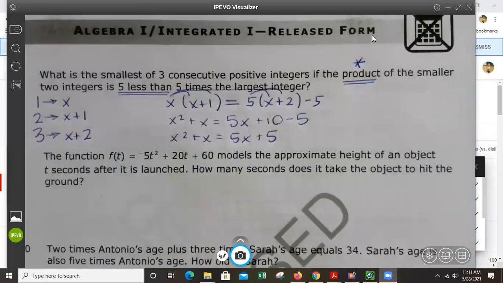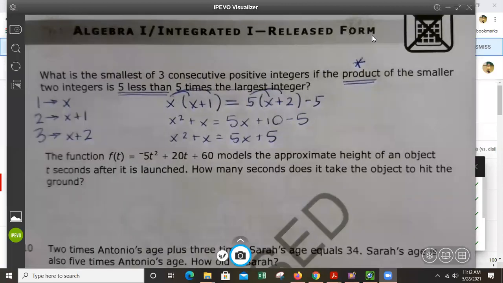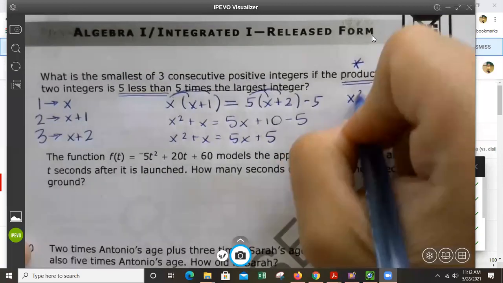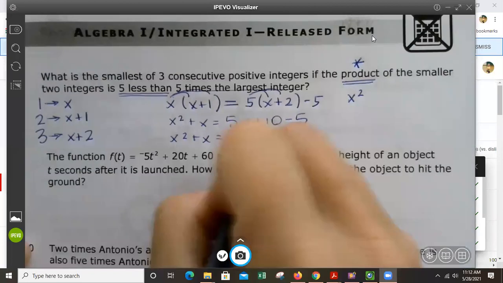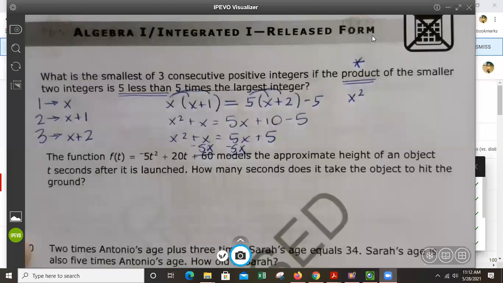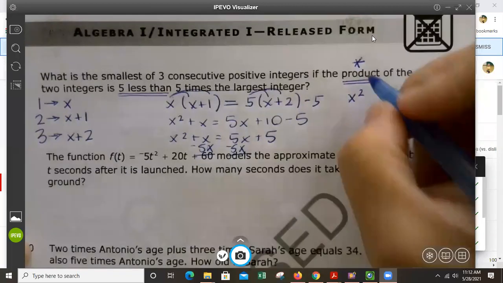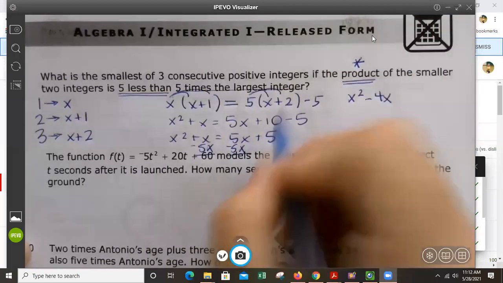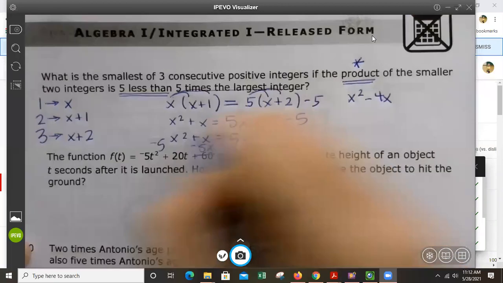Guys, anytime you see x squared and x, it means you're going to factor. So we've got to get everything on the same side. So I'm going to subtract 5x. What is 1 minus 5? Negative 4x. And then I'm going to subtract 5 from the other side and get a minus 5.